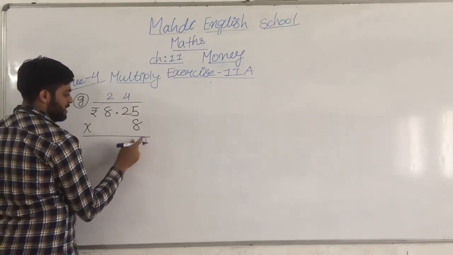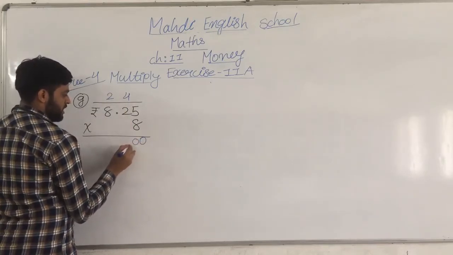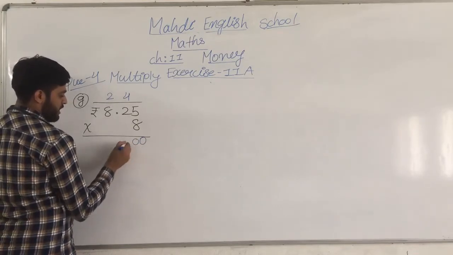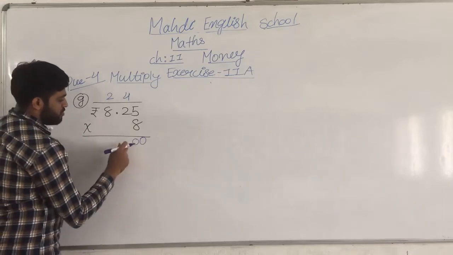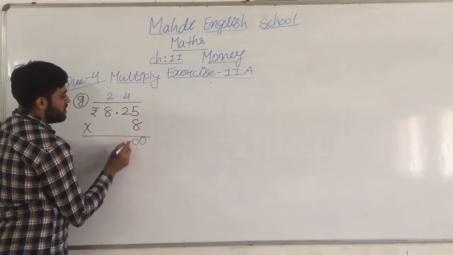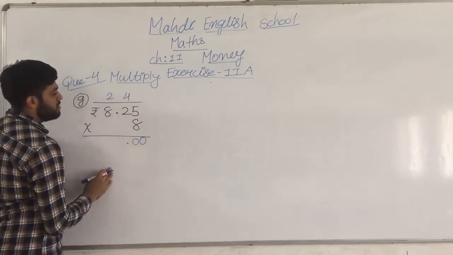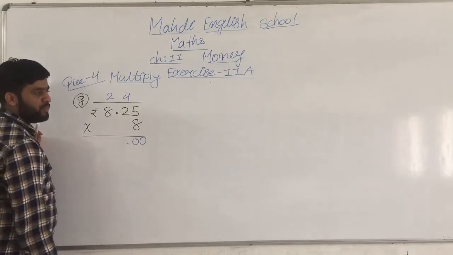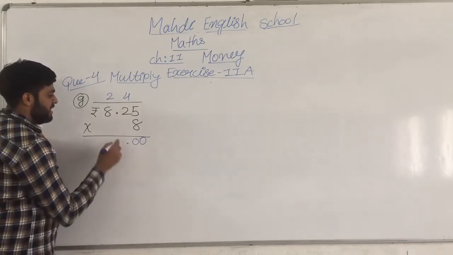Understood? And then we are going to put the point here. Then after that, 8 8s are 64. 64 plus how many, my dear students? 64 plus 2, so 65 and 66.